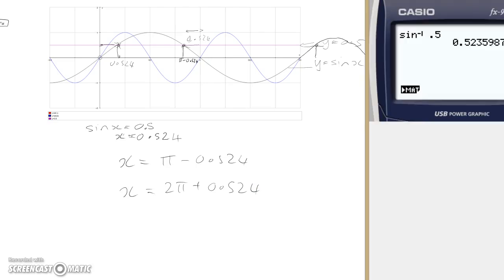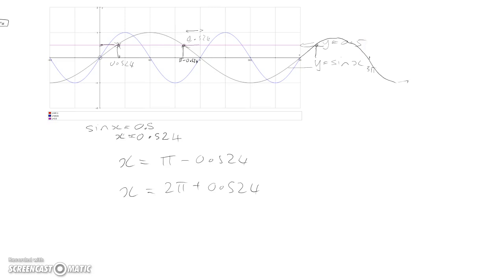So pi minus 0.524, shift pi minus, my answer equals 2.618. And if I wanted to work that one out, I could just go 2 pi plus, etc. Not really important at this moment. We just know that we'd be able to work them out.